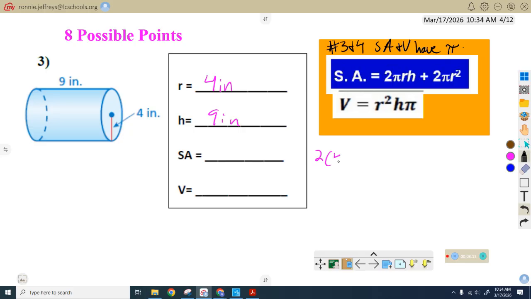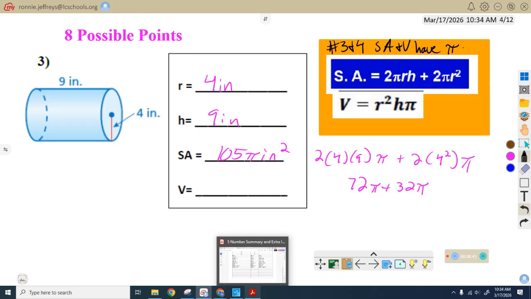So 2 times 4 times 9 pi plus 2 times 4 squared times pi. So 2 pi, 16. So 105 pi inches squared. All right, now, I don't know why that popped up.